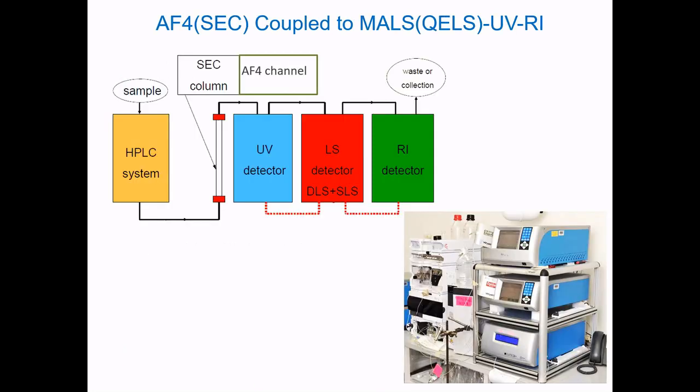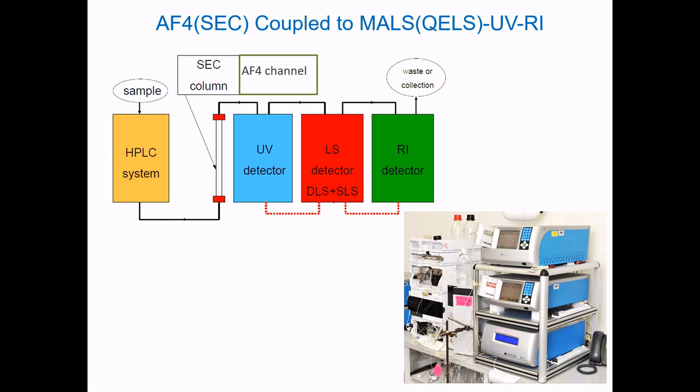Besides separation, also detection of eluting species coming out either from SEC column or AF4 channel is important. Here is a schematic presentation of equipment we are using in our laboratory. Both separation techniques, SEC and AF4, are coupled to a multi-detection system that consists of successively connected detectors.